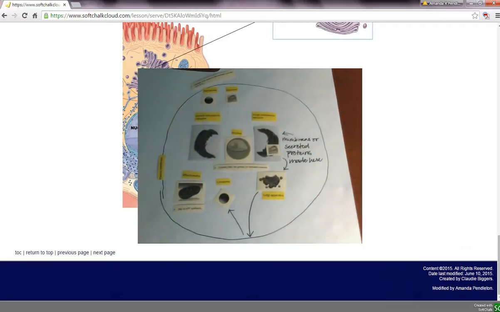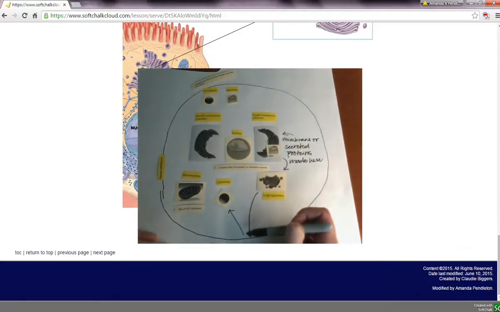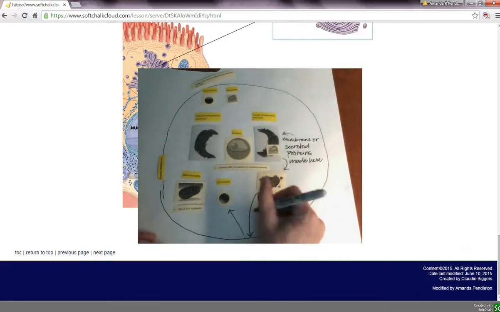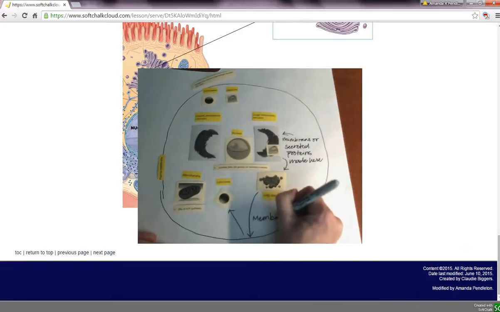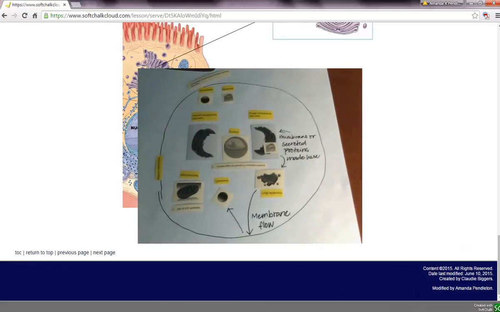Now there's one part that I want to point out. You notice that we've got proteins flowing from rough ER, or rough endoplasmic reticulum, to the Golgi, to the plasma membrane, and sometimes things go plasma membrane back to lysosome. These arrows, where things move, are called membrane flow. Okay?